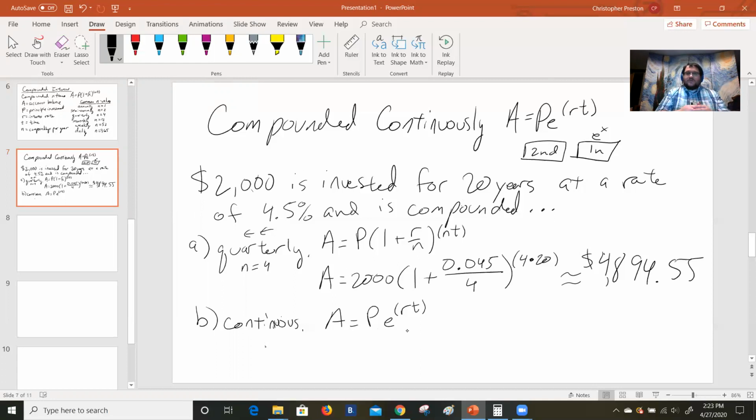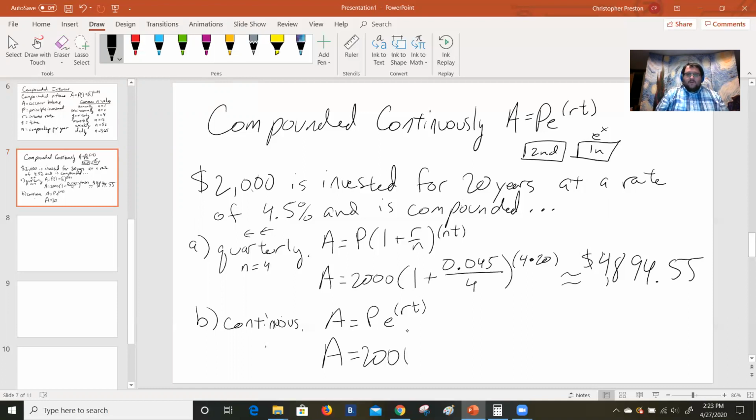You're building interest on top of interest. The more times you do it, the smaller the percent, and they hit a maximum point. And that's the continuous, where it's calculating all the time, but it doesn't increase without bound. It is relatively close to what we're going to get for that first answer.